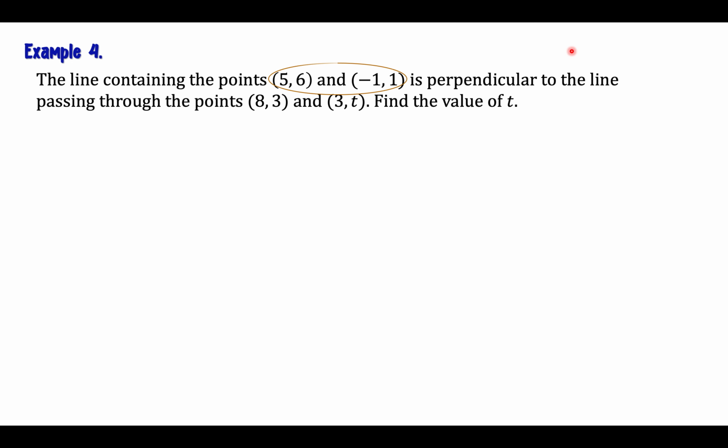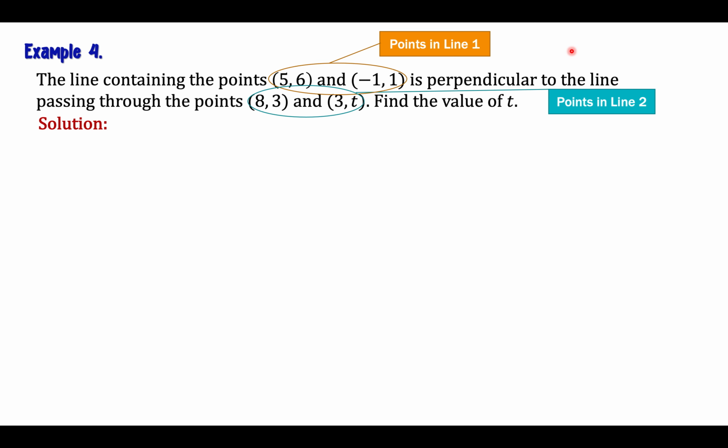For its solution, we are to look at 5, 6, and -1, 1 as points in line 1, while 8, 3, and 3, t are the points in line 2. To find this value of t, we're not going to look for its equation, but rather just the slope of the lines. So let's start off with line 1, and then we can find what the slope of your line 2 is.